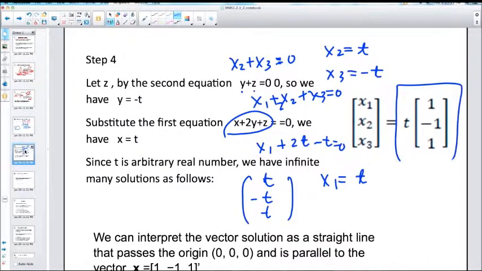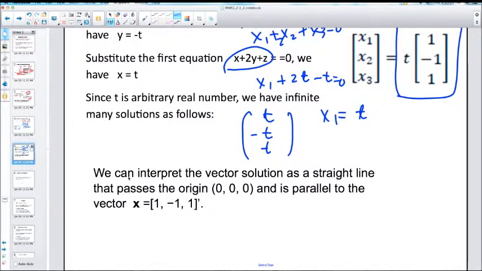So this is your solution. I factor out the t. So what does that mean? This solution simply means it passes the origin because you don't have a constant in the front, meaning you have 0, 0, 0 in the front. And it's a straight line parallel to 1, 1, negative 1.